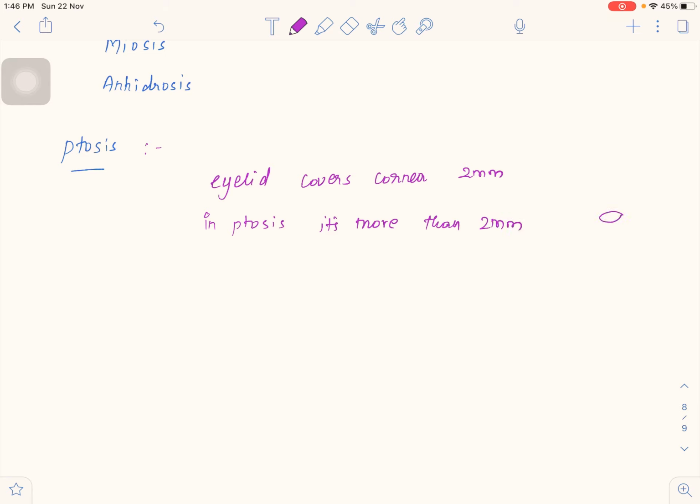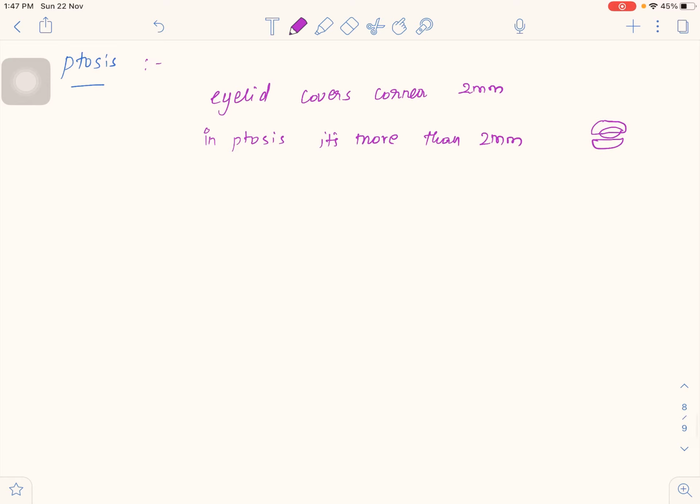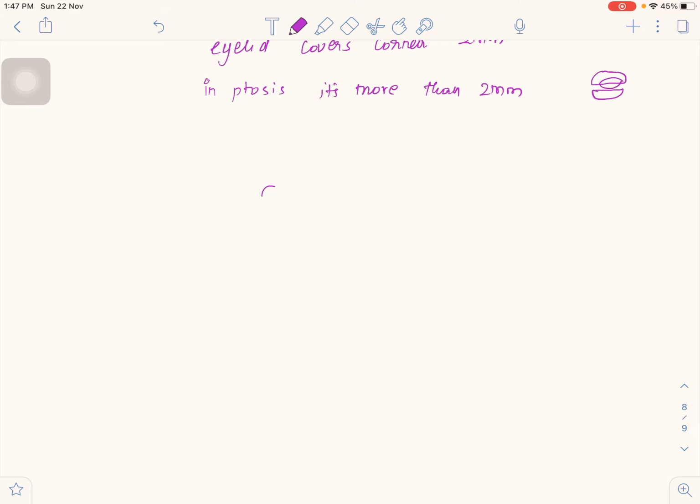That is, the eyelid covers more than that. This is the upper eyelid and this is the lower eyelid.